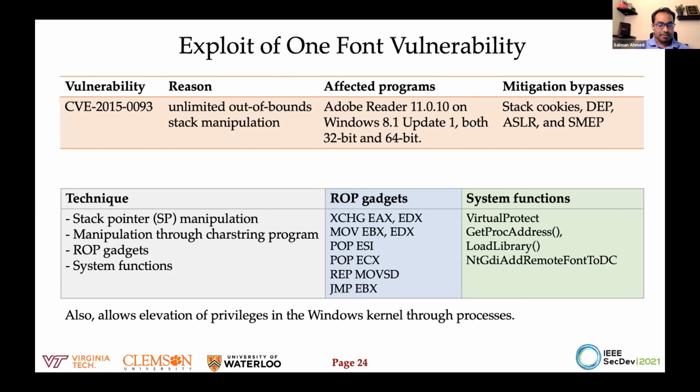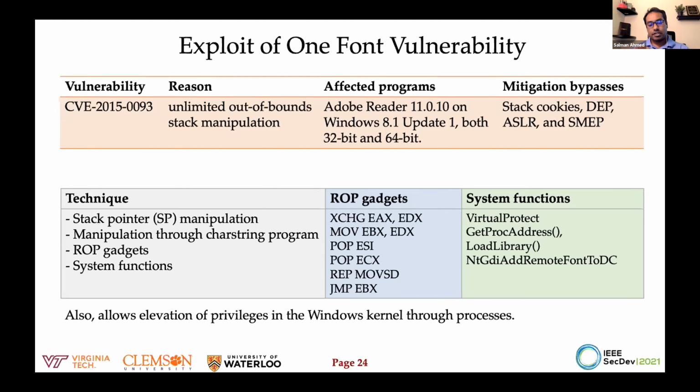It needs some technique to control the stack. It needs some technique to access the system functions, because if the attackers want to interact with the system, they need to go through the system APIs. So in this particular exploit, it does the stack manipulation using an unlimited out-of-bounds vulnerability in the font-parsing code.